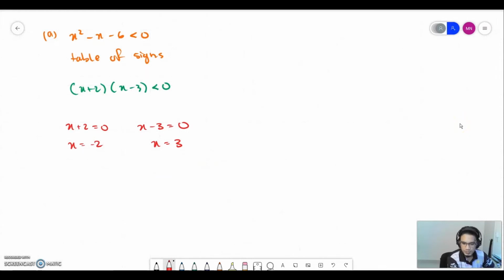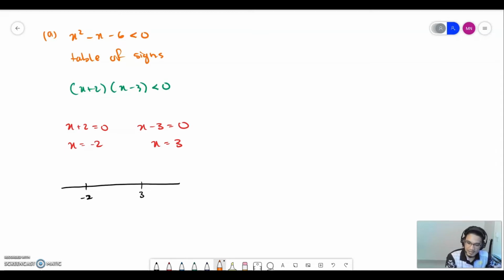Okay, what I want to show you next is I draw this line. This line is not required for you to draw in order to do table of sign, but I just want to show you what is meant by what I will do next. So we have the roots at -2 and at x equal to 3.